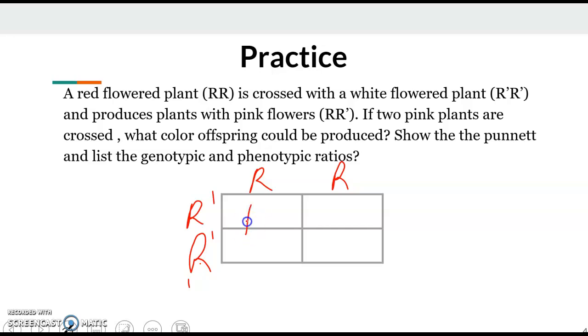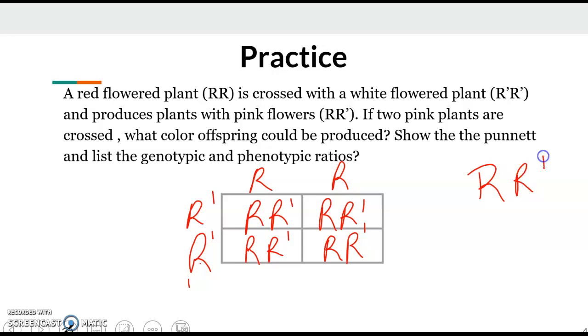So let's do R prime, R prime, R, R, R prime, R. And I typically like to write it the same way because you can see, like, if you did R R prime and R prime R, it just looks like two different things.